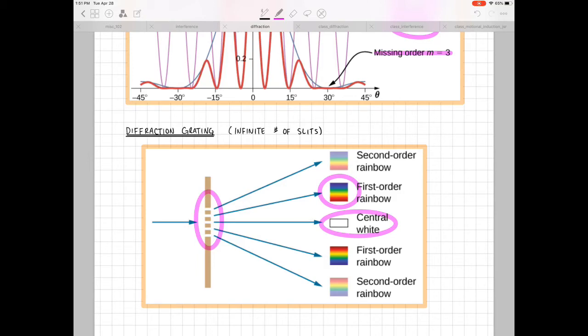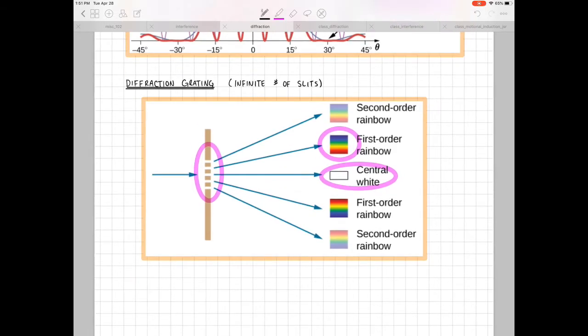Now, I'll point out this figure from the book is backwards or reversed. The pattern should go like d sine theta equals m lambda. What that means is that if you have shorter wavelengths like violet light, then if lambda is small, that means sine theta needs to be small, and that means the angle is going to be smaller.